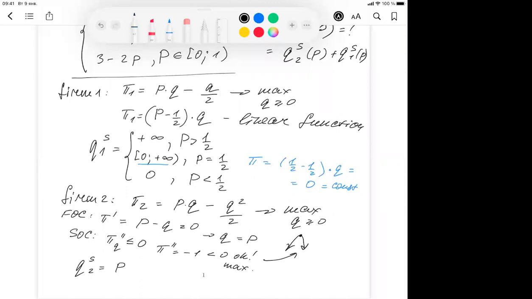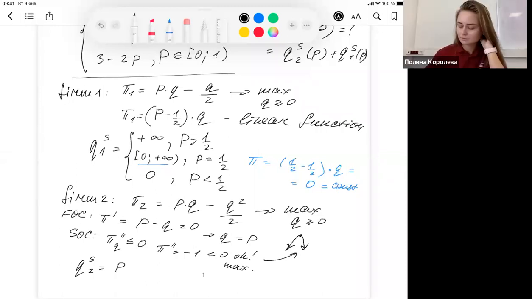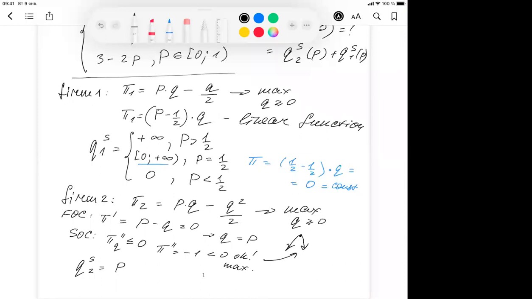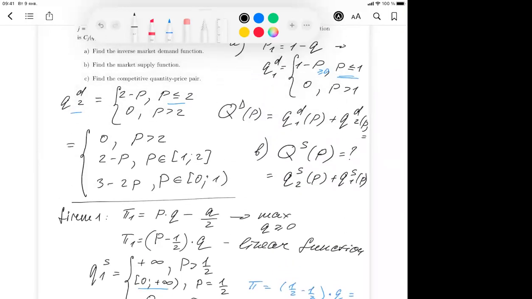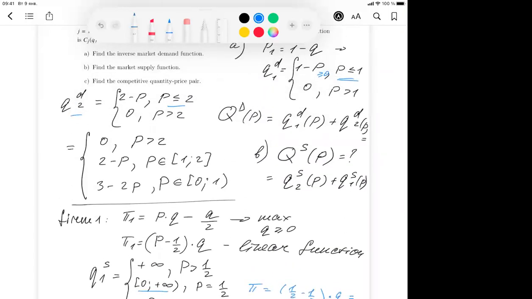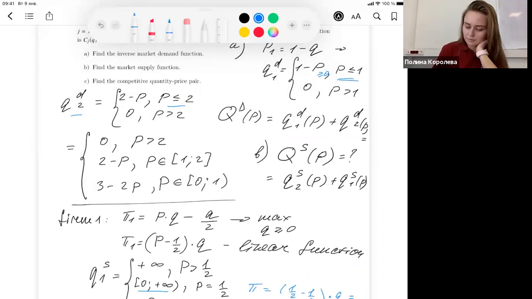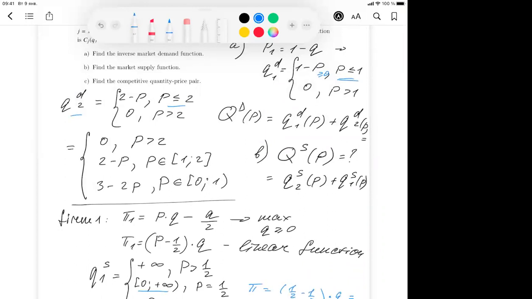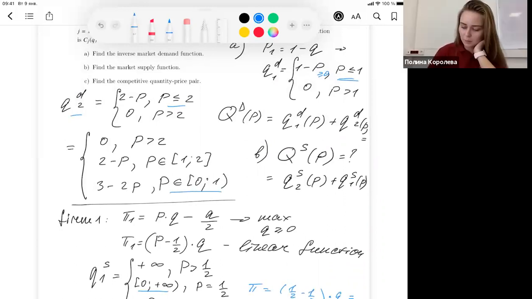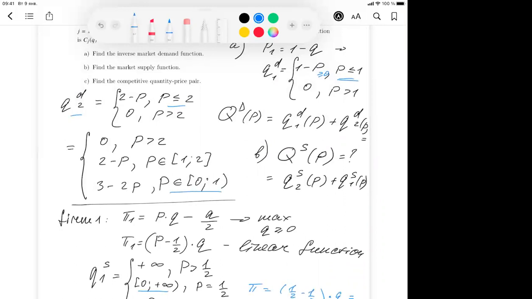In this part, we just summed the two previous equations, 1 minus p and 2 minus p, to get this interval of prices from 0 to 1, right? Yes, exactly. If price is between 0 and 1, both consumers demand the good.